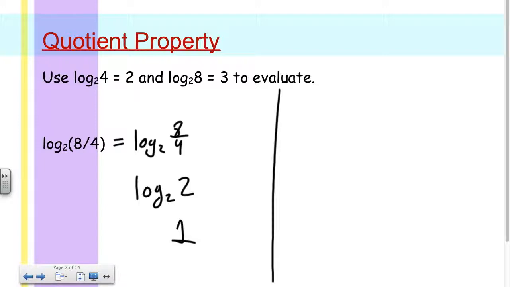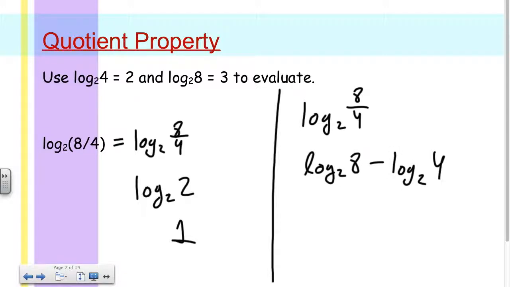Similarly, when you have division, we can break this down into subtraction. So when you have something like log base 2 of 8 over 4, we can rewrite that as log base 2 of 8 minus log base 2 of 4. If you look back up here, we have those values. Log base 2 of 8 is shown up here, which we know is 3.